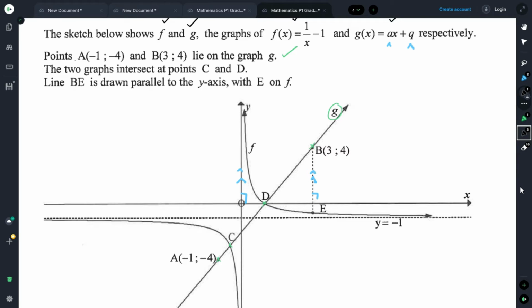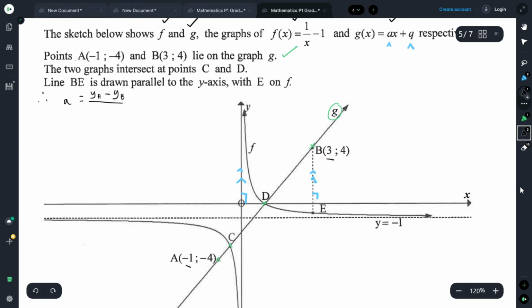So we are provided with 2 points on the line, B and A, so it's possible then to find the gradient a. Therefore a should be y capital A minus y capital B all over x capital A minus x capital B.